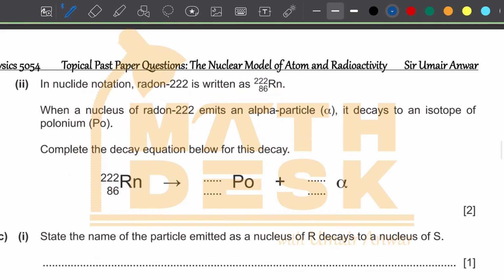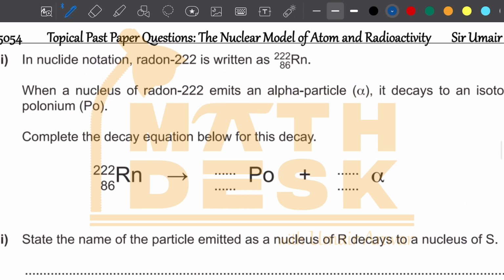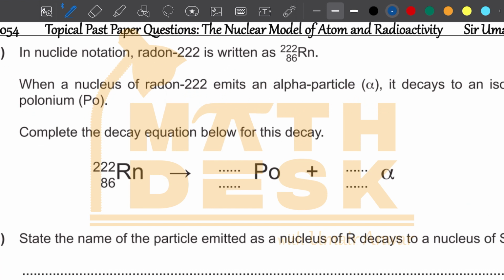The next part says in nuclide notation radon 222 is written as Rn, 222, 86. When a nucleus of radon 222 emits an alpha particle, it decays to an isotope of polonium. Complete the decay equation for this decay. So we would start with the details of the alpha particle.